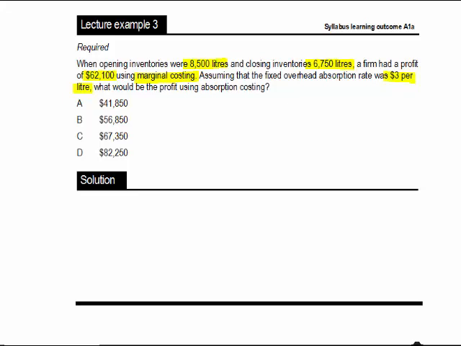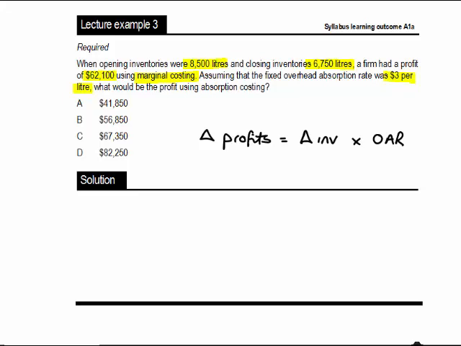So the first thing to do here is to think, well, what is my change in profits? I can get there by looking at my change in inventory level and multiplying it by my overhead absorption rate, which in other questions you may have to calculate from the budgeted information.